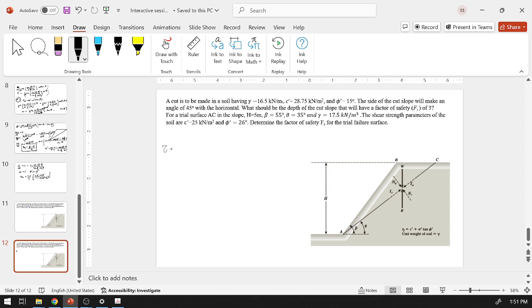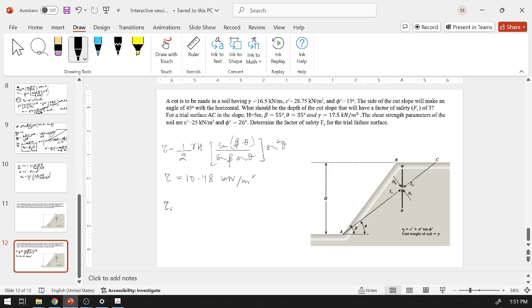So average shear stress we just saw. To calculate, it was half of gamma h sine of beta minus theta over sine beta sine theta, sine squared theta. If you calculate, this comes out to be 10.48 kilonewton per meter square.